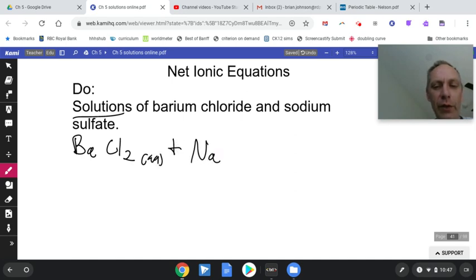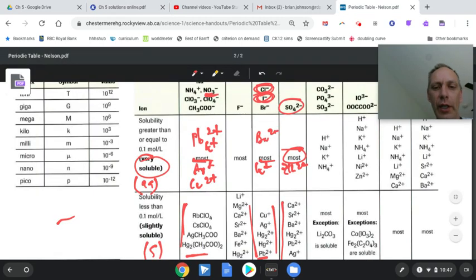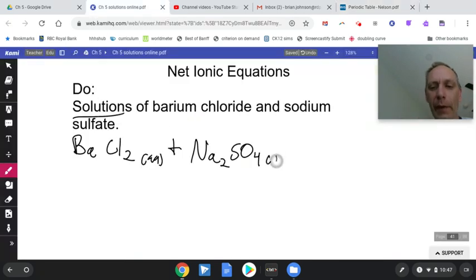Sodium sulfate, sodium is a 1+, SO4 is a 2-, so I'll need 2 of those. Na+, SO4 2- is right here, and Na+ is here. High solubility.